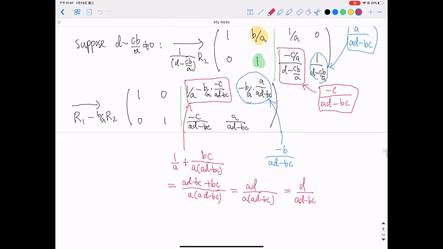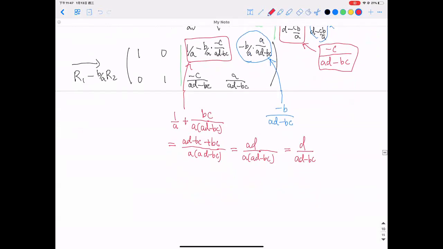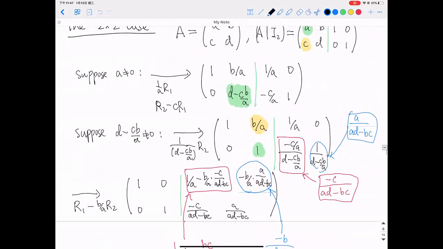Okay, so A inverse, after all these assumptions, as you remember, we assume that A is not 0 and D minus CB on A is not 0.